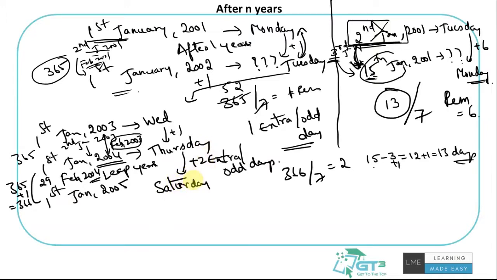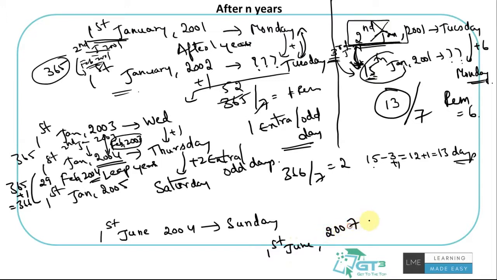If I say, whatever the years be, 1st June 2004 is Sunday, okay, let's assume that this is correct. What will be the day for 1st June 2007?